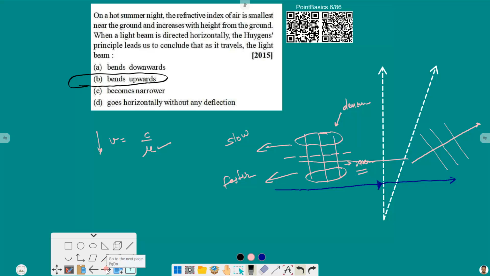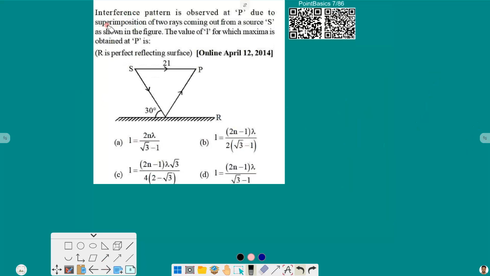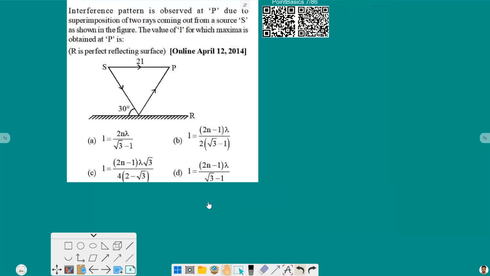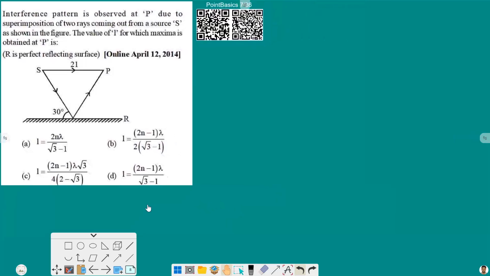So moving to the next one. Interference pattern is observed at P due to superposition of the two rays coming from the point S as shown in the figure. The value of L for which the maxima is obtained at P is, so we have to find out the value of L. Now for maxima, the path difference should be an integral multiple of lambda.